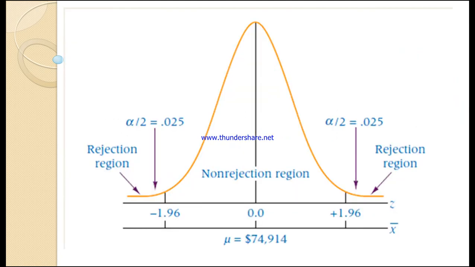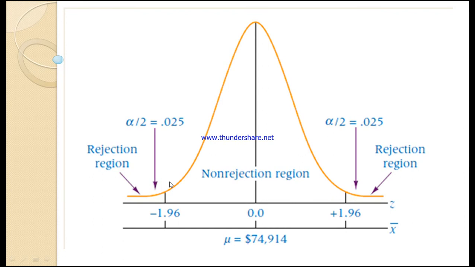This is how we can display the non-rejection region and the rejection region when alpha is 0.05 and alpha over 2 is 0.025. The Z value at 0.4750 is 1.96, so since this is a two-tailed test, we state negative 1.96 and positive 1.96 in this diagram.